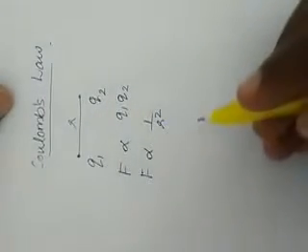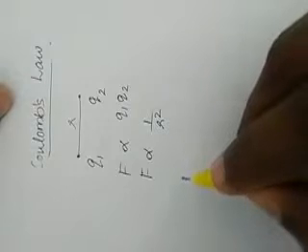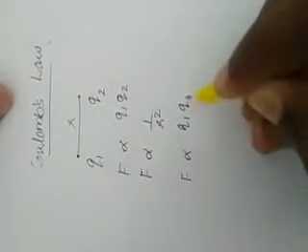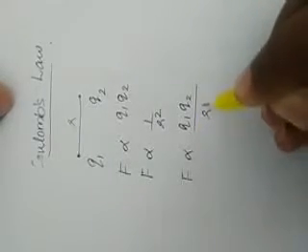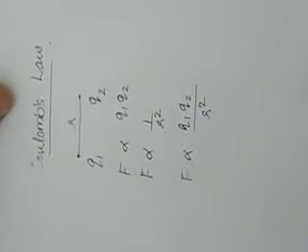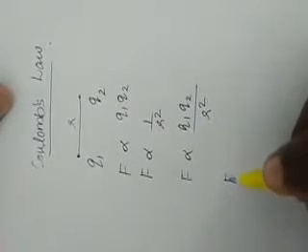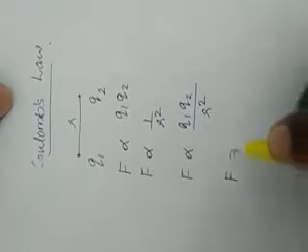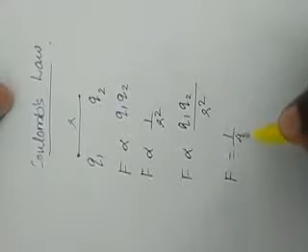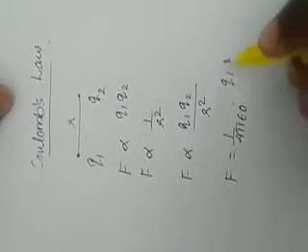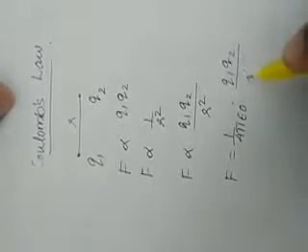Combining these two, we get F proportional to Q1 Q2 by r square. To change the proportionality into an equation, we multiply with a constant, so the equation becomes F = 1 by 4 pi epsilon 0 into Q1 Q2 by r square.